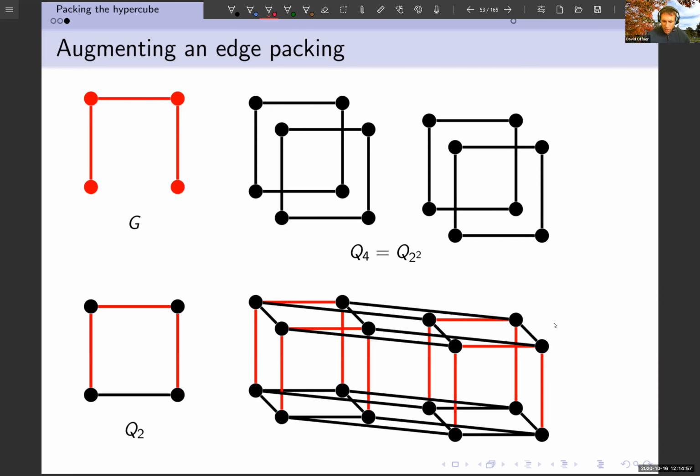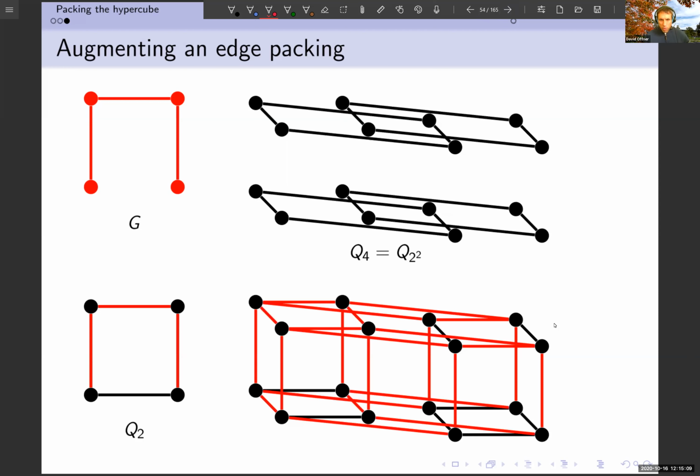If I think of Q4 as Q2 squared, then I have 4 vertical copies of Q2, and I can copy my edge packing into those. I have 4 horizontal copies of Q2. I copy my edge packing into those, and at this point I have achieved the same edge density for Q4 as I did for Q2.